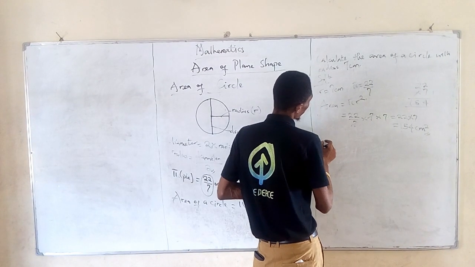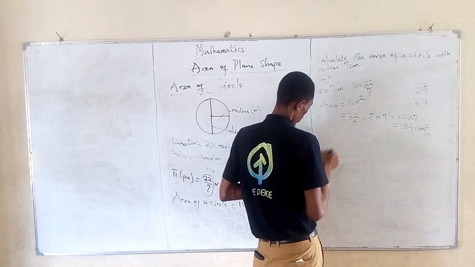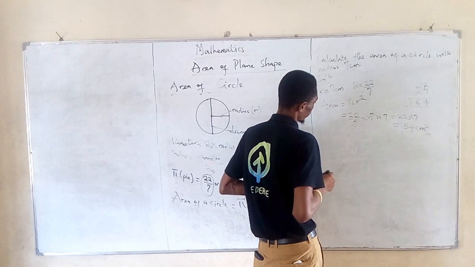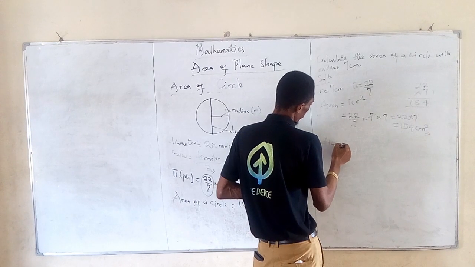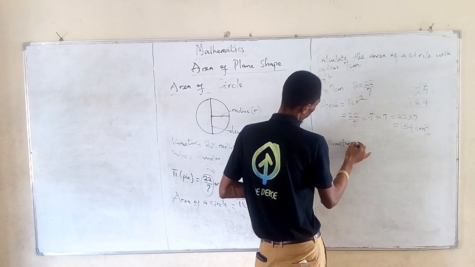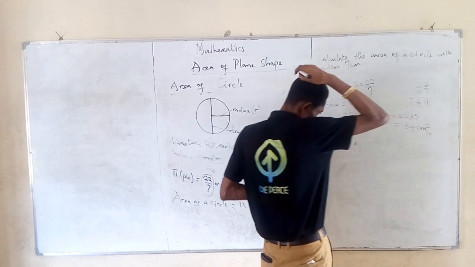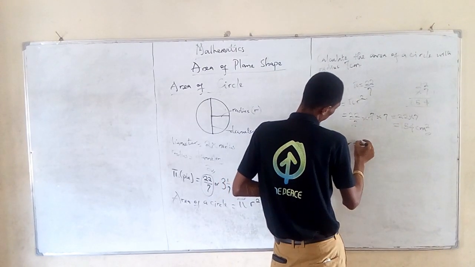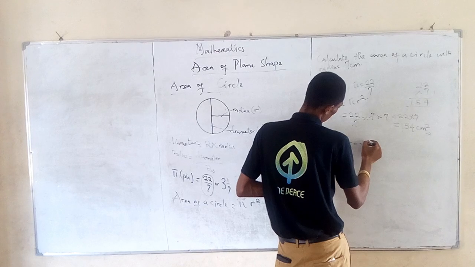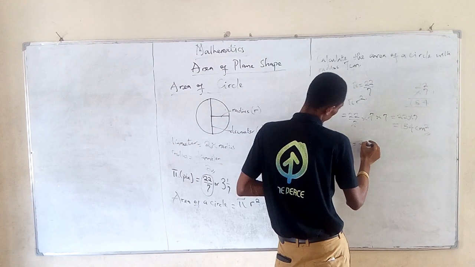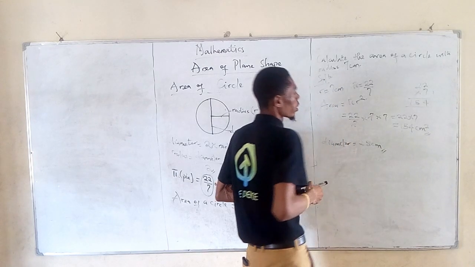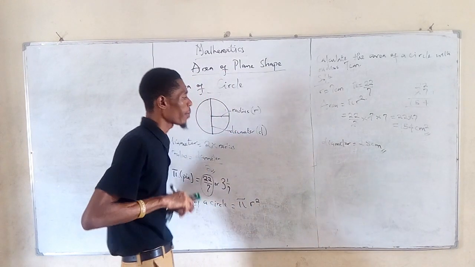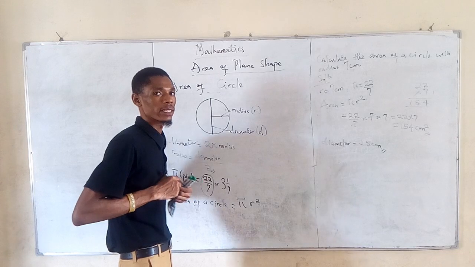Now let's try another example and see. Calculate the area of the circle with diameter 28 centimeters.